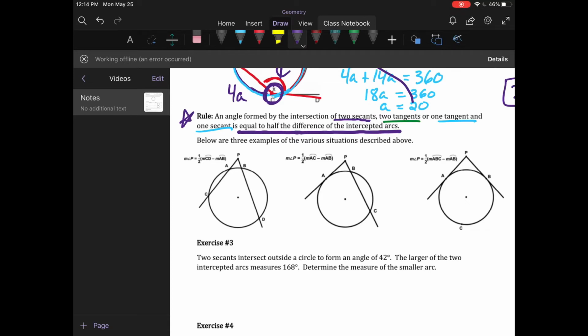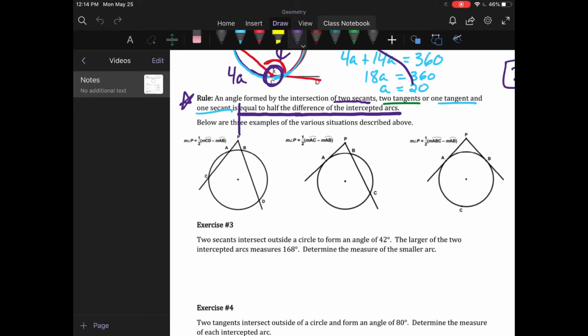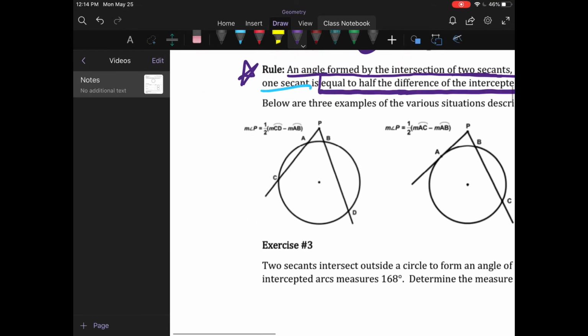So if we take a look at the actual formula, it says that the angle is equal to half of the difference between the intercepted arcs. So if you look carefully at it, the intercepted arcs that we have, we've got this one, which is the big arc formed out here, minus the small arc formed inside here.